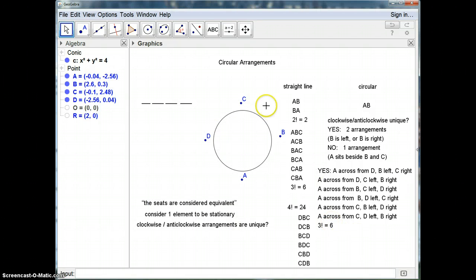So when you're doing a circular arrangement, we can now see the pattern, right? Instead of 2 factorial, we only had 1. Instead of 3 factorial, we only had 2. Instead of 4 factorial, we only had 3 factorial arrangements.